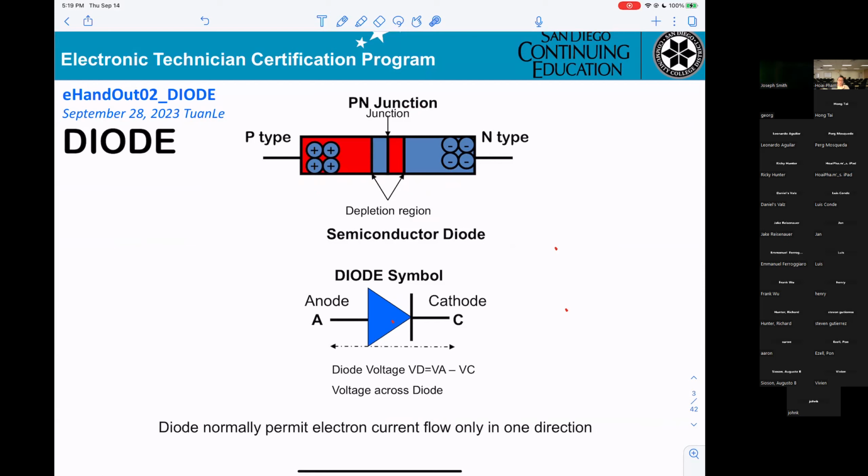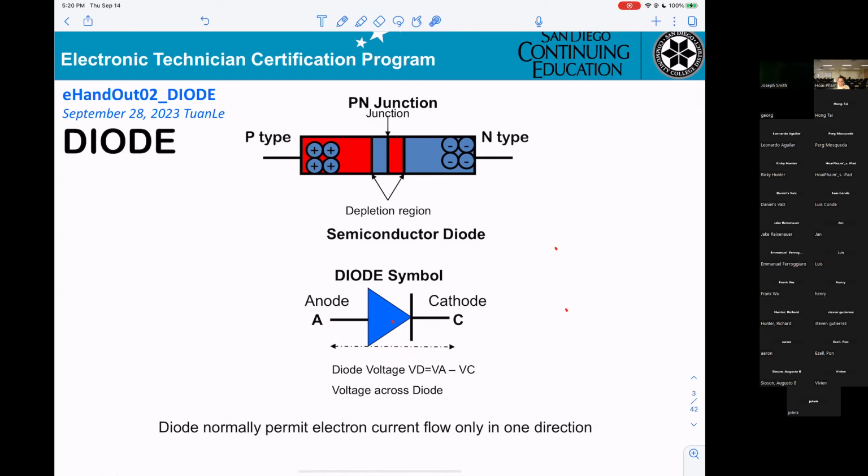That's just the one current. And then this is the physical diode, and that will be the symbol for the diode. When you're looking at this thing here, you know this is a diode. A means anode, C means cathode. And the voltage from A to C, that means the VD. VD means diode voltage.